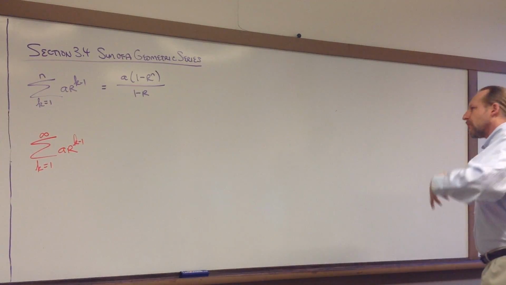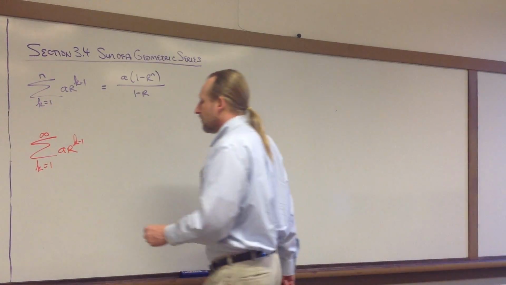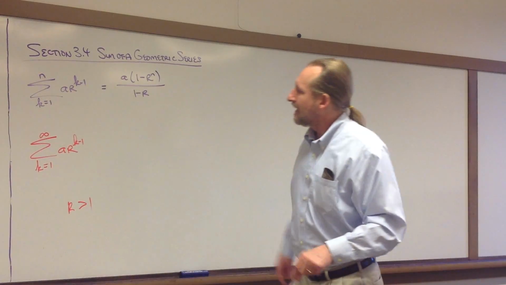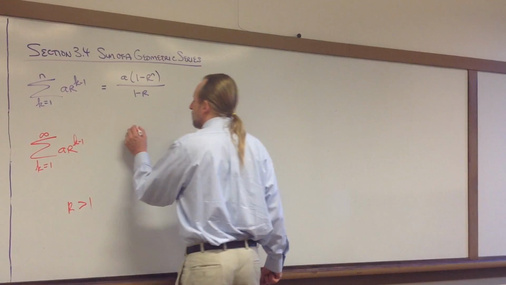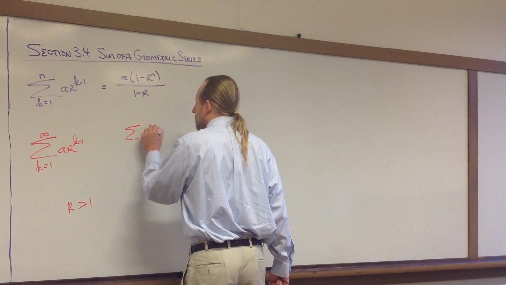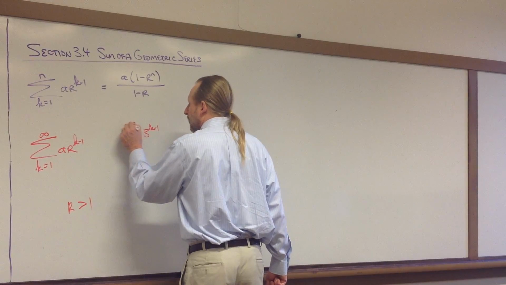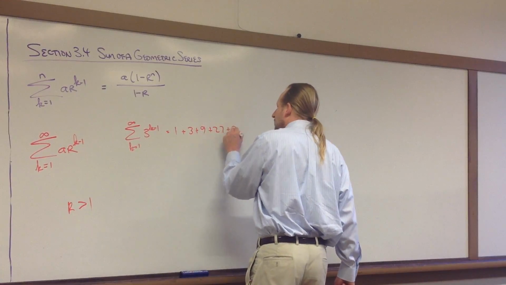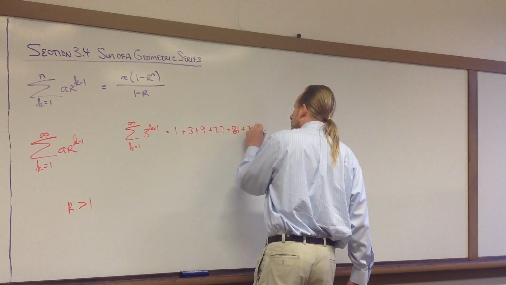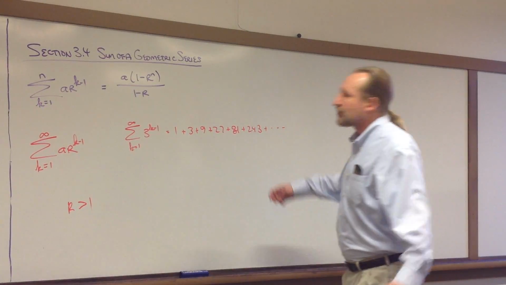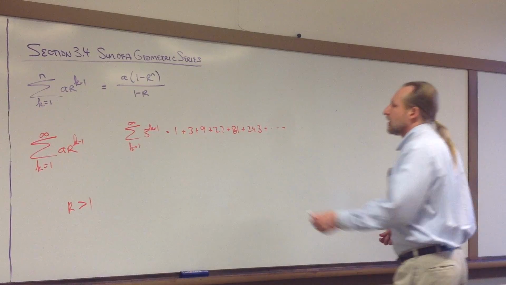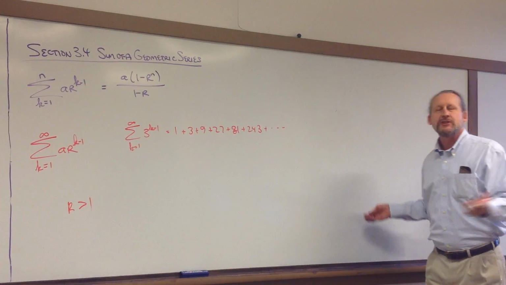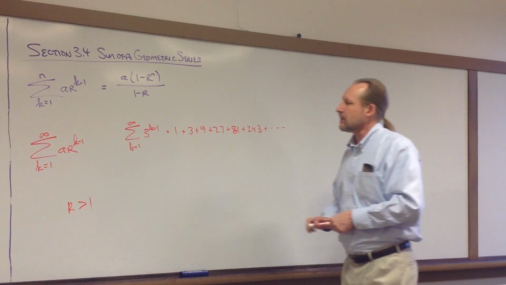If r is greater than 1 or less than negative 1, this thing's going to get bigger. Let's take something simple like 3 to the k minus 1, k runs from 1 to infinity. That's going to be 1, 3, 9, 27, 81, 243, and so on. It's just going to keep growing larger and larger. We're going to have an infinite number of them. There's going to be no finite sum for something like this.